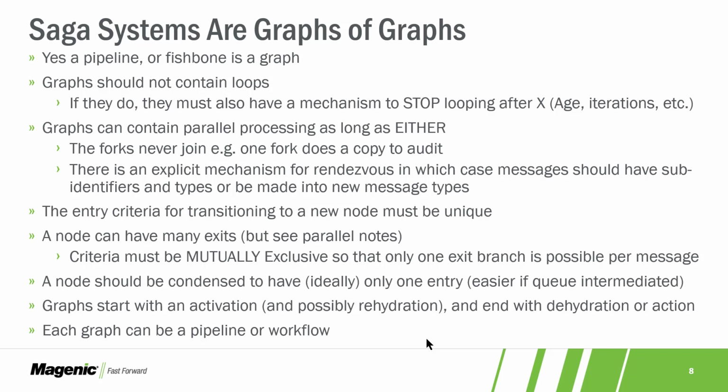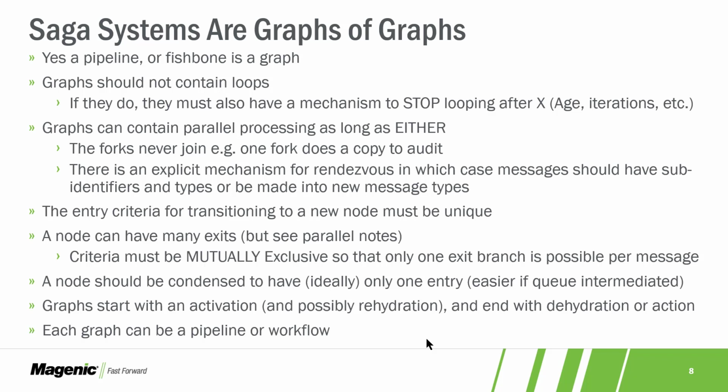So, big Saga systems tend to be graphs of graphs. And by that I mean for a particular sub-part of the processing, for example, converting a cart to an order, there might be a subsystem. And then there might be a subsystem that says, well, do I need to split the order into suborders? And then for each suborder, there might be a fulfillment pipeline.